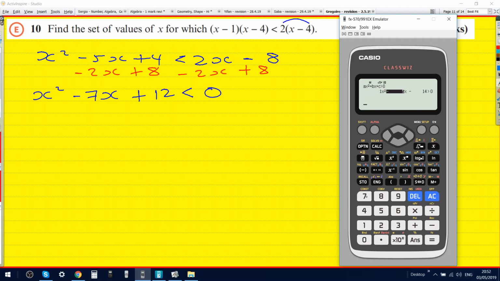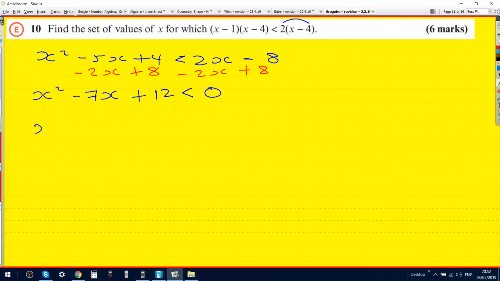And x is less than 3, and x is greater than 4. No, x is less than 4, x is greater than 3. Yeah, and so to put the two of them together, it would be that.